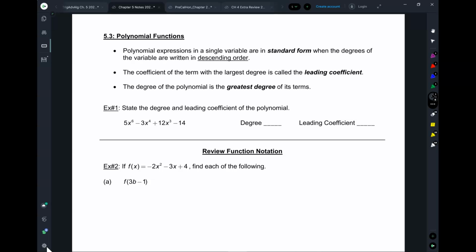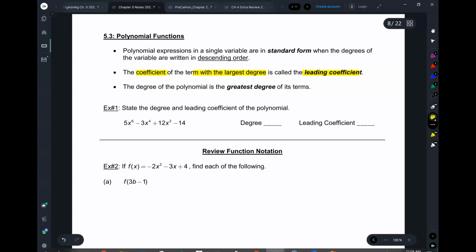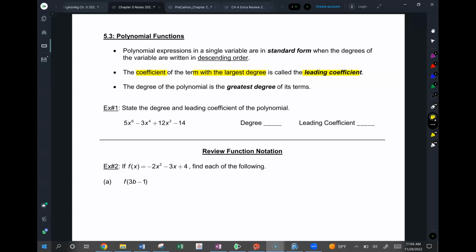So for example, x to the power of 5, 4, 3, 2, 1, and so on. The leading coefficient is the coefficient of the term with the largest degree, and the degree of the polynomial is just the highest exponent, right?